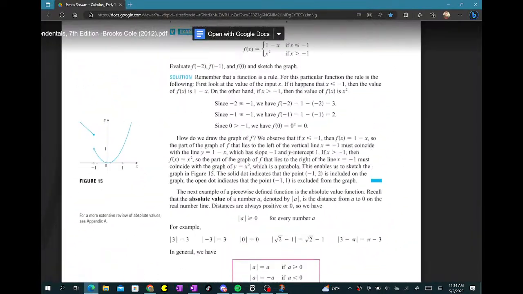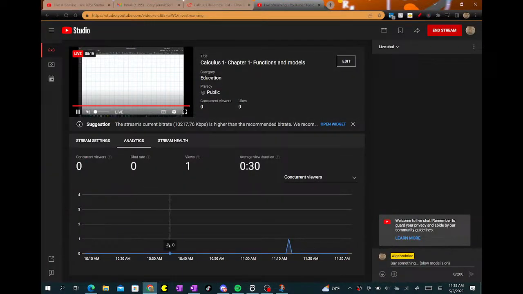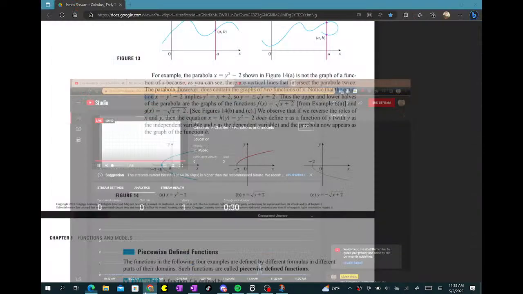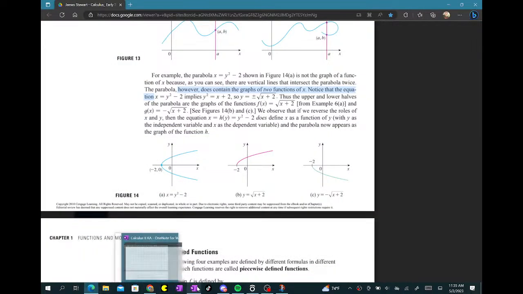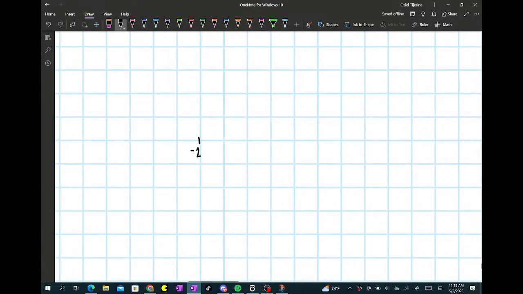They did that, but I'm going to do my own thing here. So I'm going to go from negative 2, negative 1, 0, 1, 2, this is 1, 2, 3, 4, negative 1, negative 2, negative 3, negative 4.